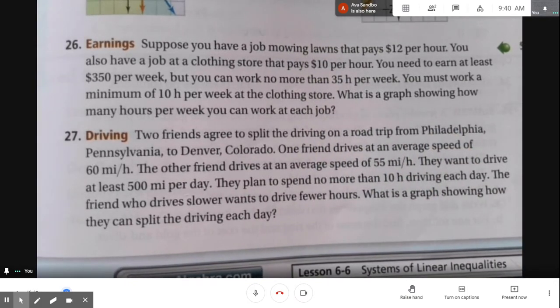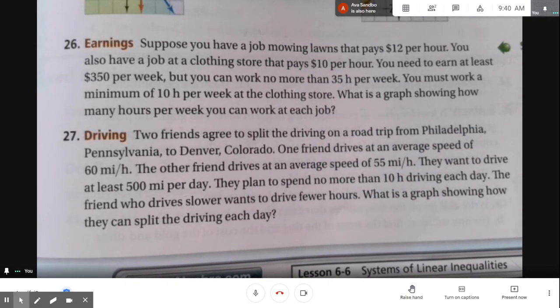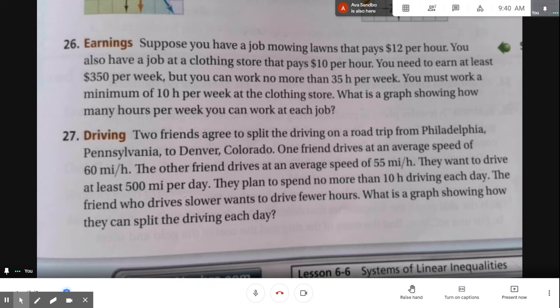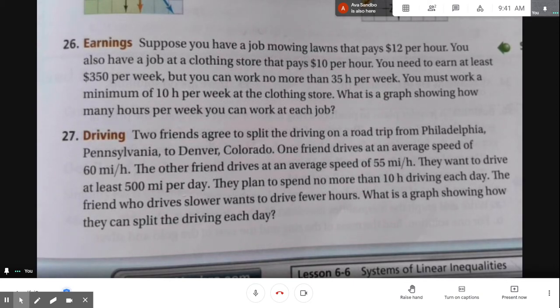Wouldn't you think you would just work the $12 an hour job instead of the $10? We were doing a problem like this in standard form with my other class, and they were like, why would you even mess with the $10 an hour job at all? I don't know what the constraints are. Maybe it's not an option.